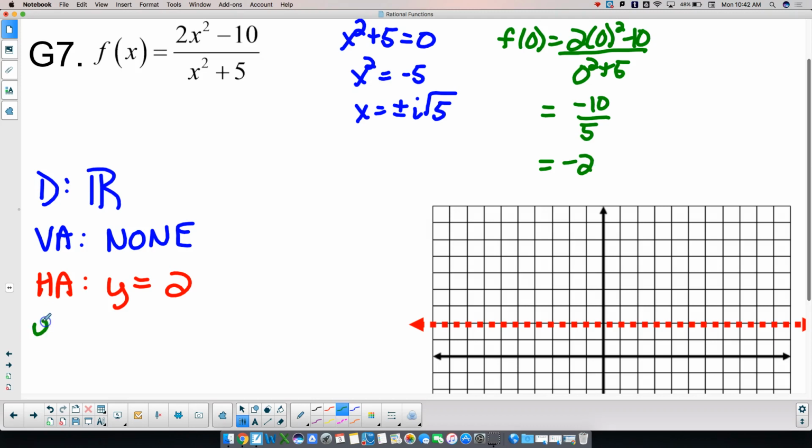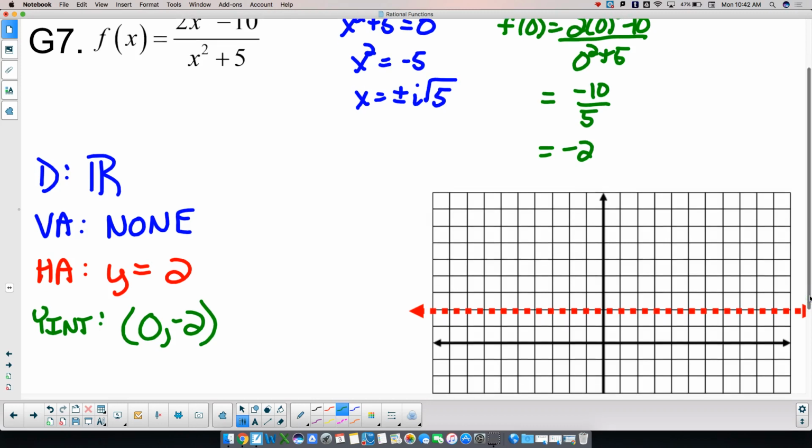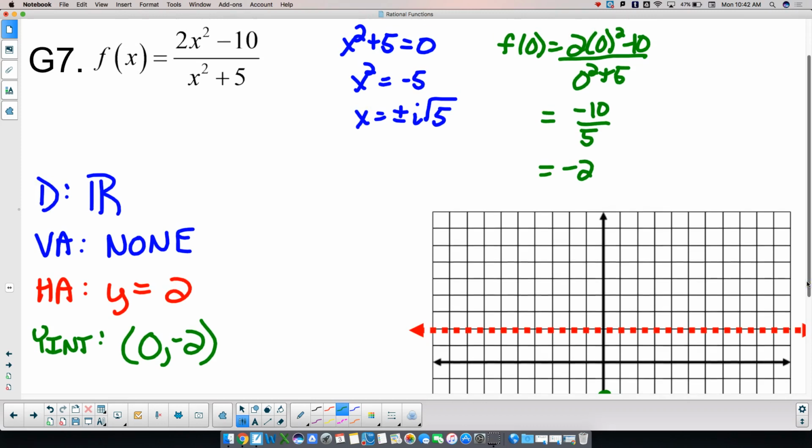I get a y-intercept of 0, -2. Agree with that one?